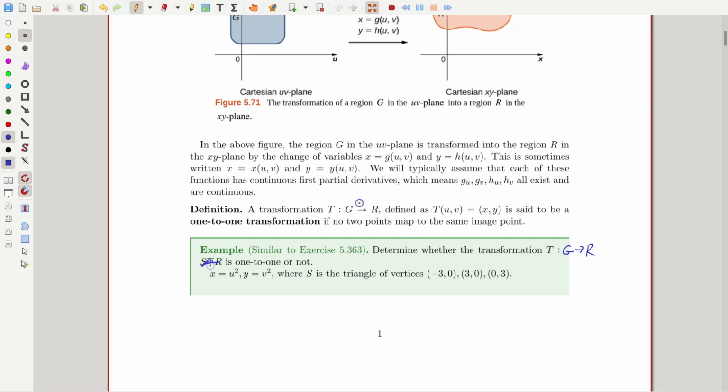If you had 2 points in G that map to the same point in R, then T would not be one-to-one. In order to be one-to-one, all distinct points must be mapped to distinct points. You can't have this kind of clashing happening.